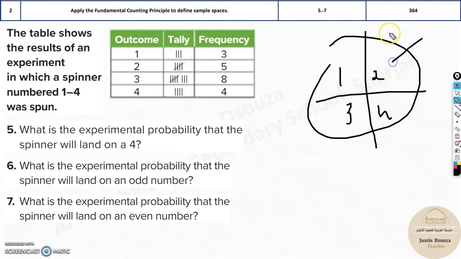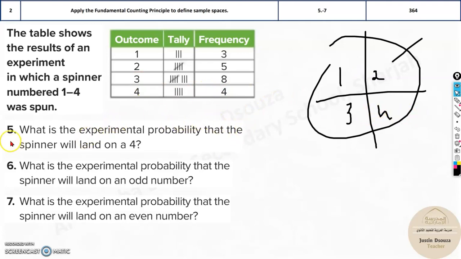You're just spinning and there's a marker. So where it lands. Frequency of 3 times it landed on 1, whereas 5 times on 2, 8 times on 3, and lastly 4 times on 4. Frequency means how many times.